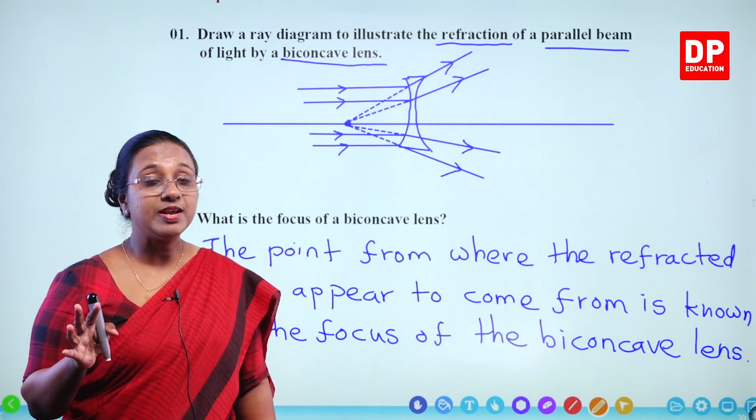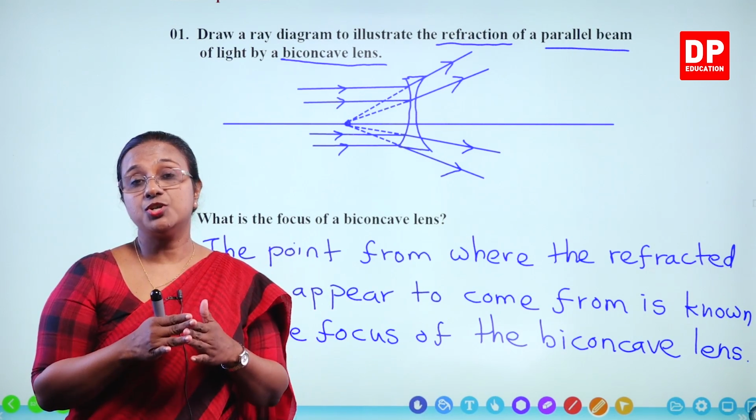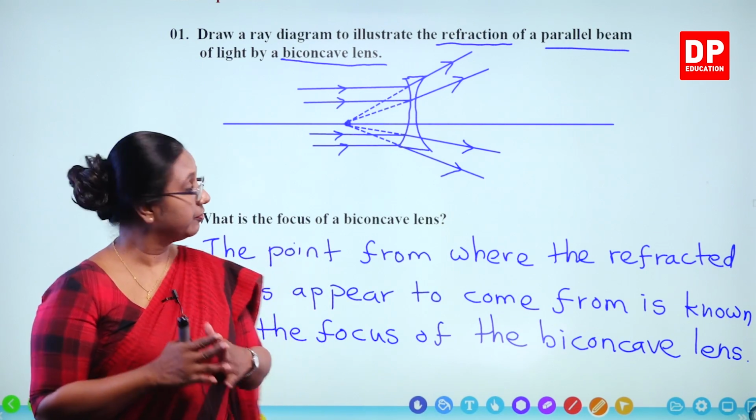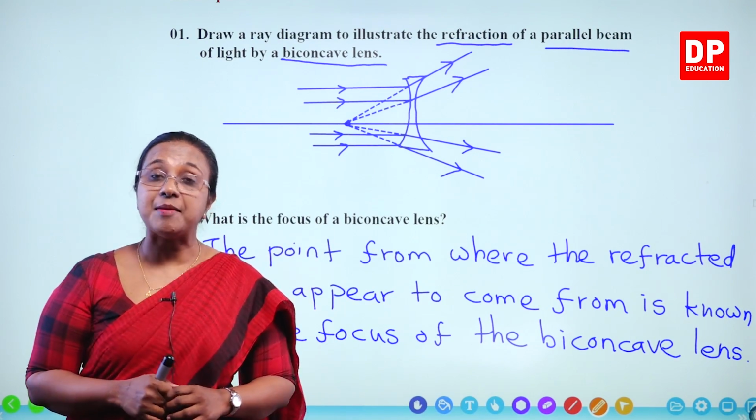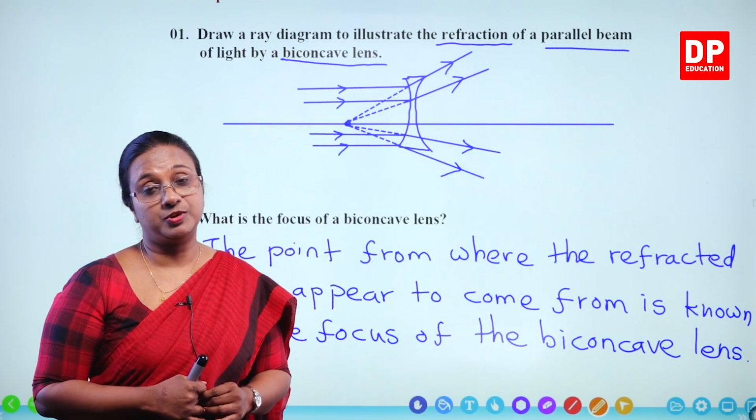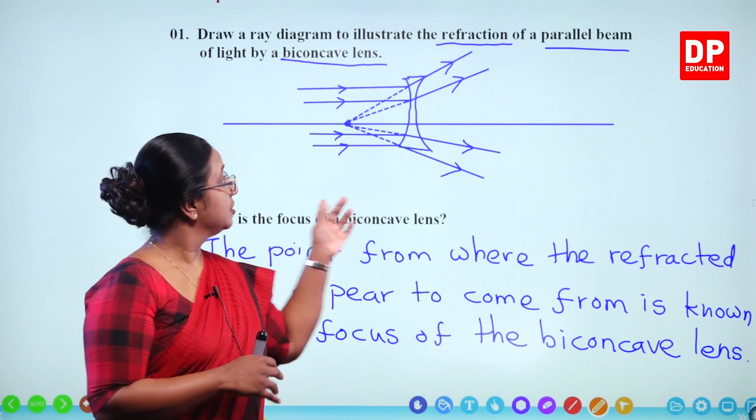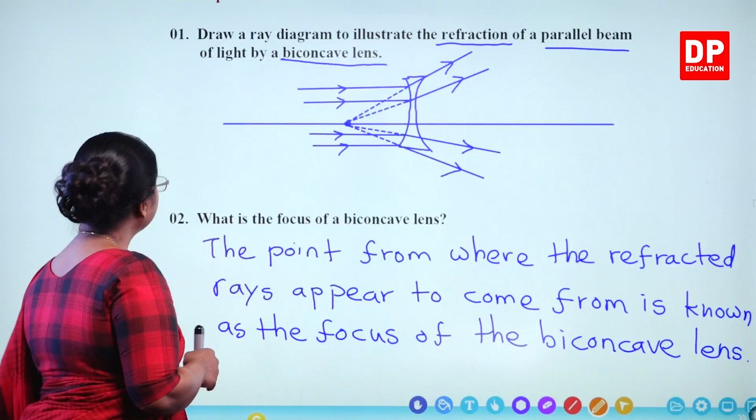Because for a biconvex lens, all the rays converge onto one point. So that is the focus. But here, the rays appear to come from the focus. That is the difference. So with that, I will move on to the next one.